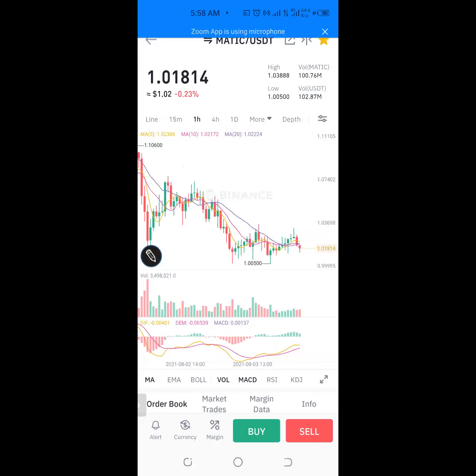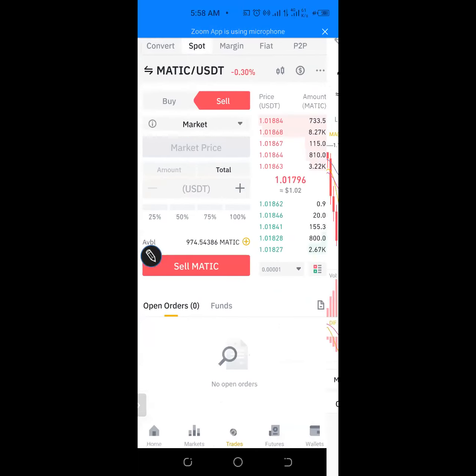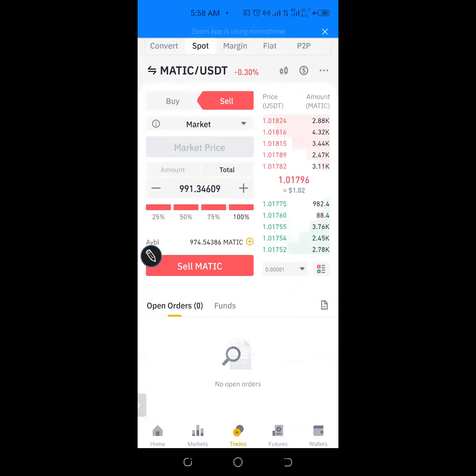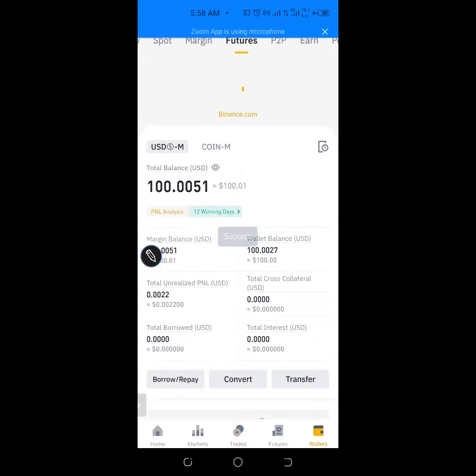Now, imagine I bought Matic. Now I have Matic. I could decide to sell back my Matic. I just take the totality of my Matic and sell off everything if I want. When I sell off, I don't own any Matic again.